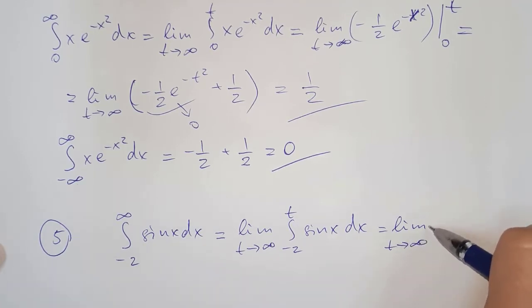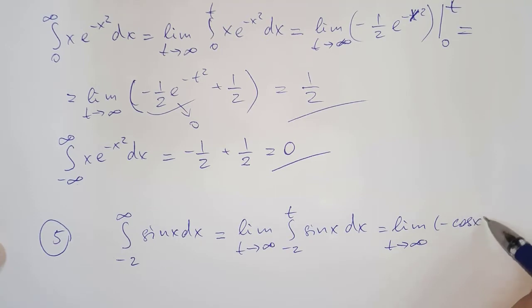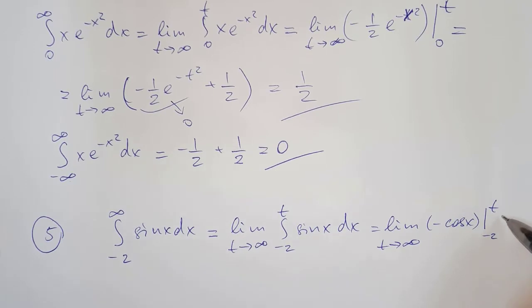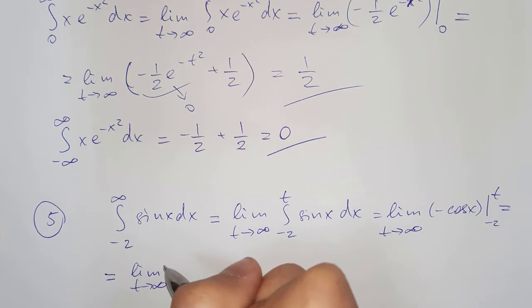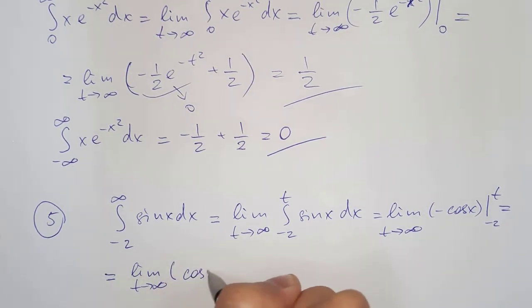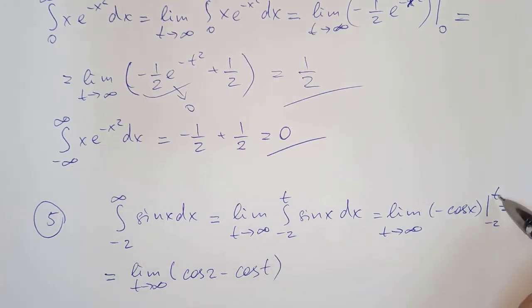So the integral of sine x is minus cosine x, from minus 2 to t. Now we have cosine 2 minus cosine t. When we put t, it will be minus cosine t. When we put minus 2, however, cosine is an even function, it will be cosine 2 plus, because in the middle we have a double minus.